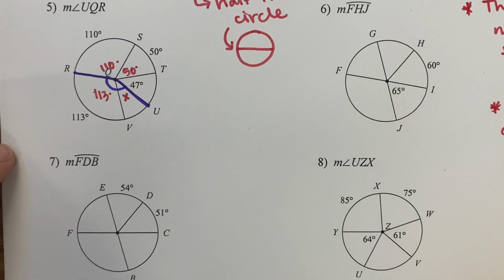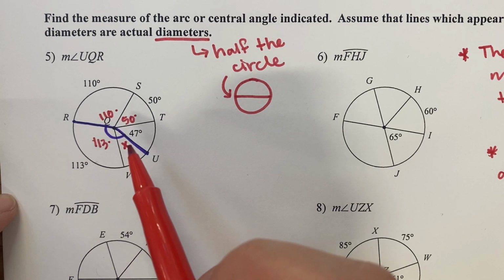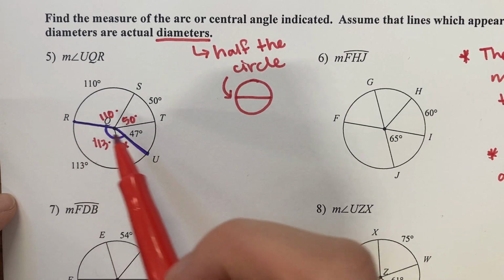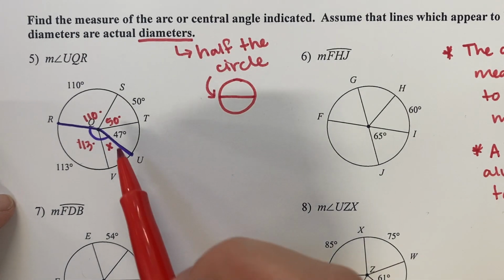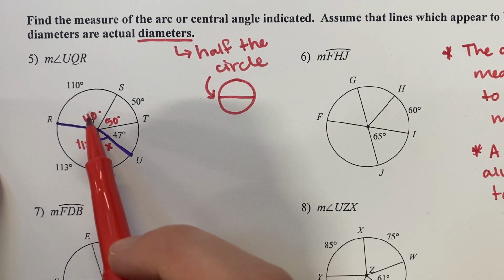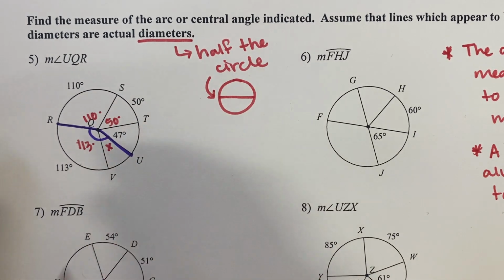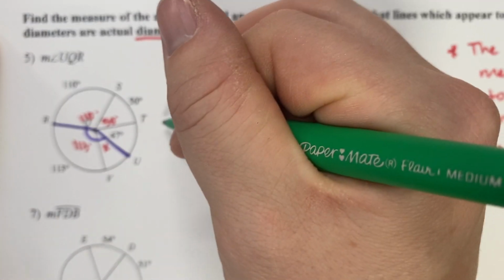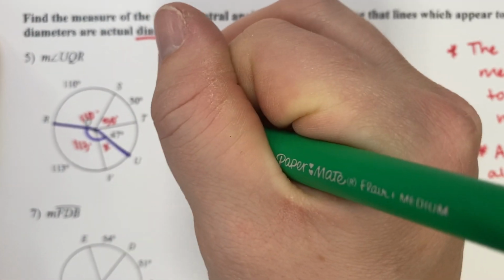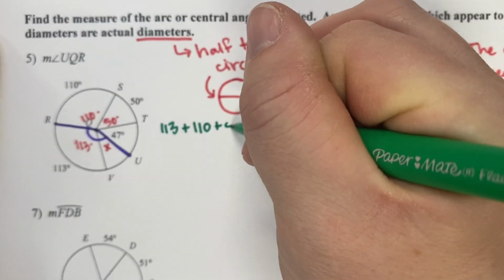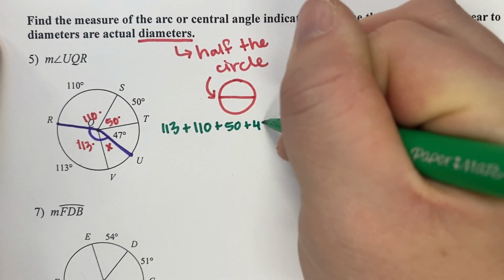Okay, so let's go ahead and use what we know to find this little piece in order to find the whole purple piece, right? Okay, so what we can do is we can add up all of the angle measures that it actually gives us. So we have 113 plus 110 plus 50 plus 47.